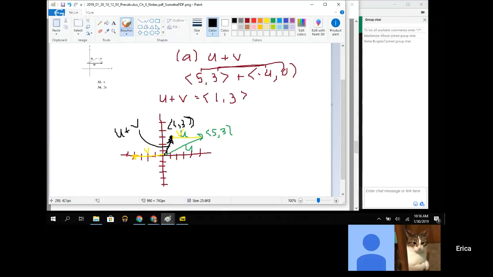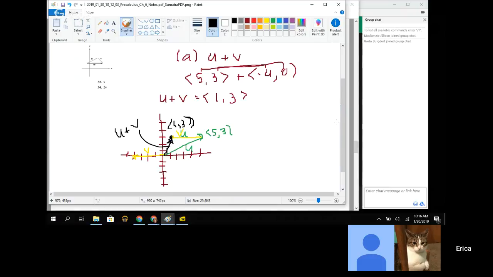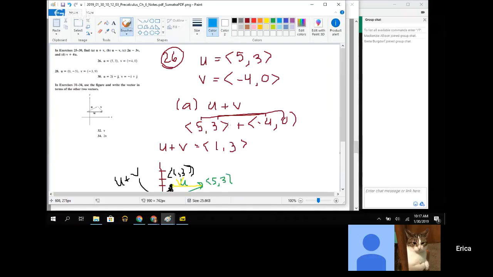If we did part C of this, let me scroll back up. If you wanted to do part C, it would be 2 times u minus 3 times v. Okay, so then you're actually going to multiply by a scalar.